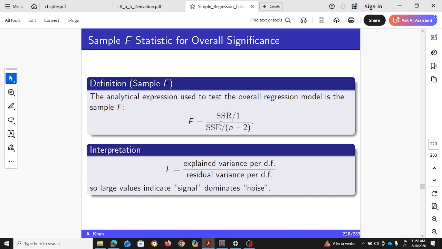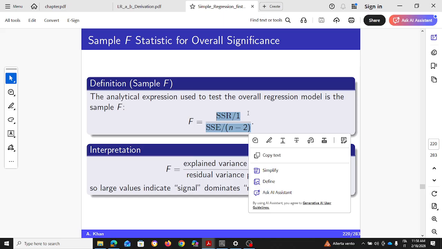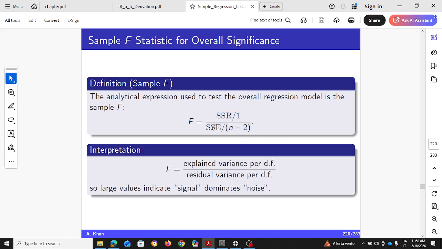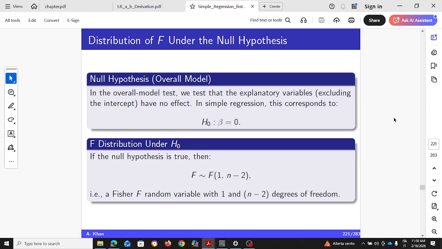What this means is the variance explained per degree of freedom, and this is the residual variance per n-2 degrees of freedom. This is the Fisher.